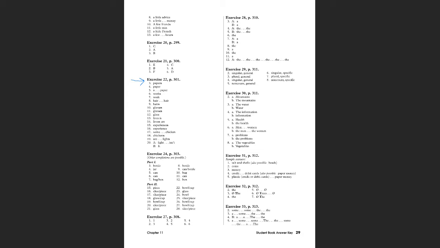Papers with an S. And number 4, paper without S. That's correct. Good. So number 3 was the count noun, and number 4 was a non-count noun. So 3 is papers, and 4 is paper. And number 5, we're going to use a with paper. Yes, so we circle a, and then we say famous paper.